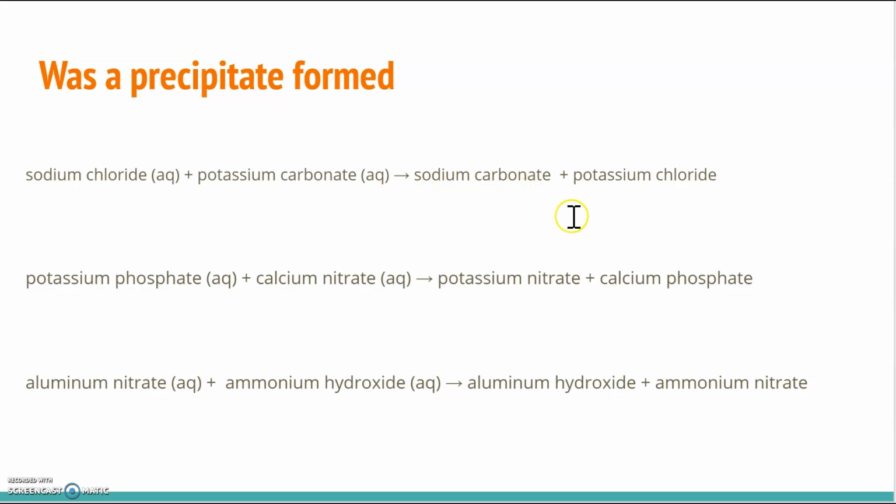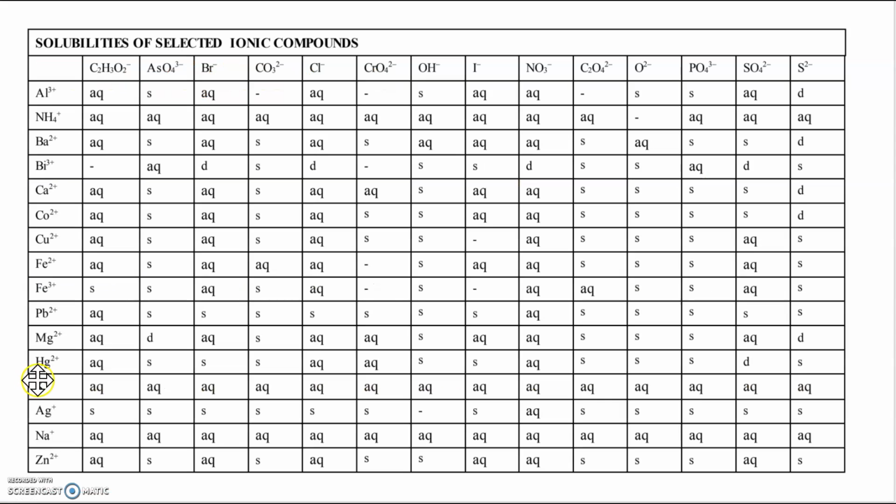So sodium carbonate and potassium chloride. What are they on the solubility chart? So we have sodium carbonate. Here is sodium and here is carbonate, and we see where these two intersect, and we have aqueous. And you may note, to save yourself some time, notice all the sodiums here, they're all aqueous.